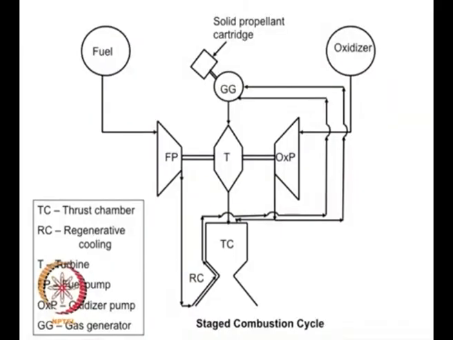The next cycle is the stage combustion cycle. In this case you have fuel coming through the pump and the regenerative cooling, and all of it goes through to the gas generator, right, and part of the oxidizer comes here, and the other part goes through to the gas generator, right.